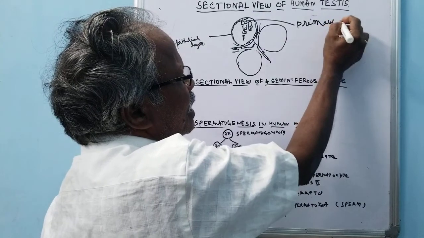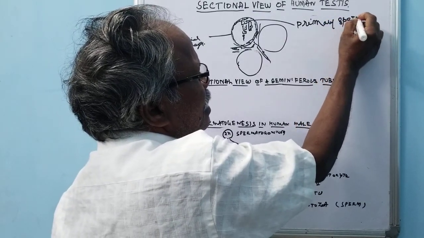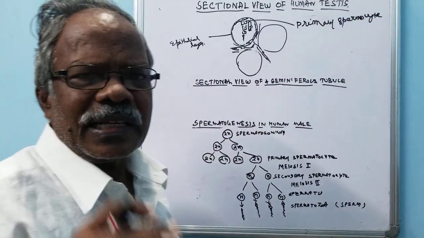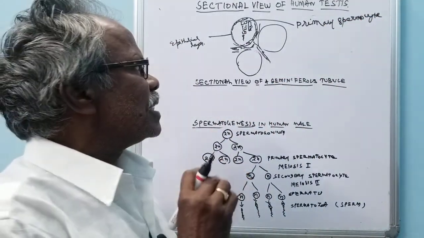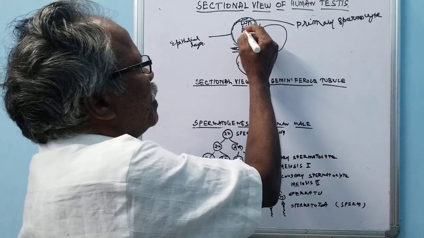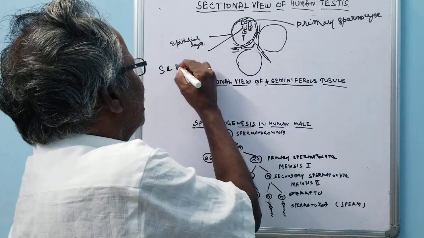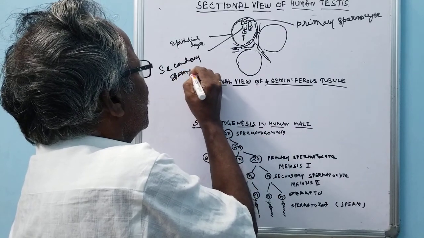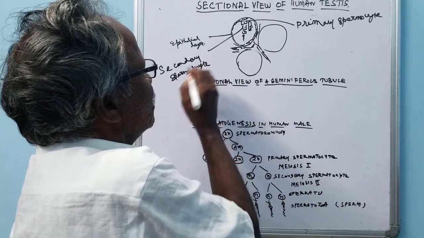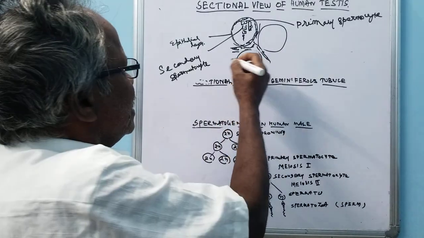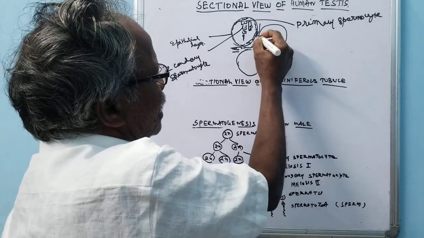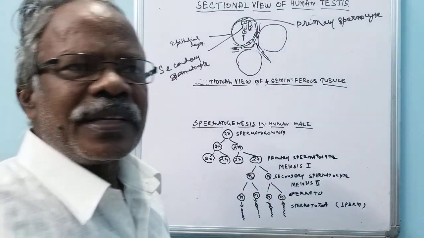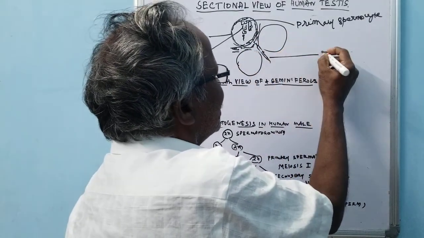Cyte means cells, sperm cells, so that produces the sperm cells. And then this is called the secondary spermatocyte, and in between the seminiferous tubules we can see the interstitial cells.